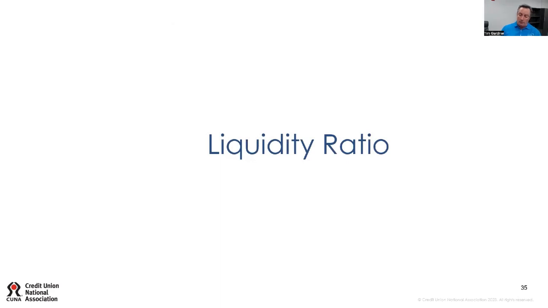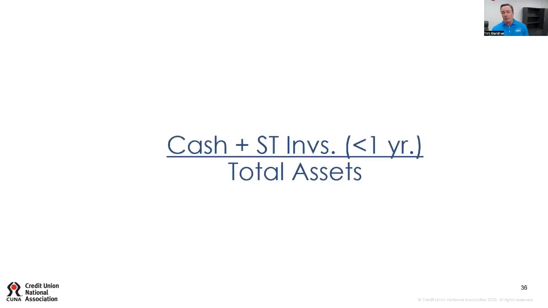When we get into the liquidity ratio, I want to be clear on this. I mentioned the loan to share ratio, so there are different ratios we can look at for liquidity. Loans to shares, or loans to total deposits, is one way we could look at liquidity, because the higher that loan to share ratio goes, the more it tells us that our deposits are out in loans.